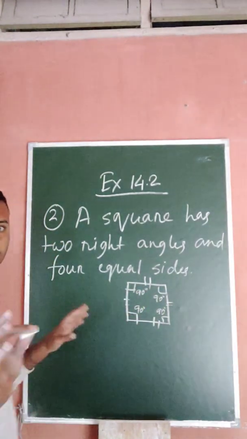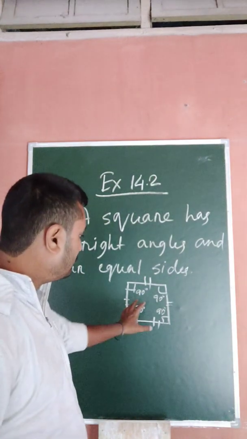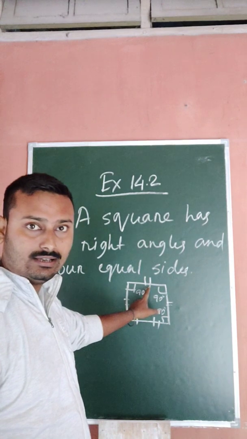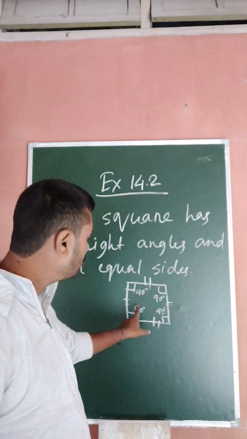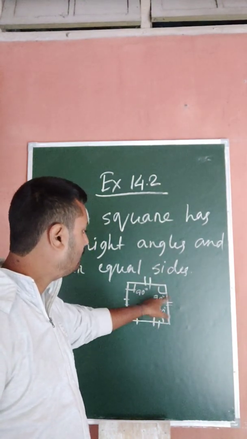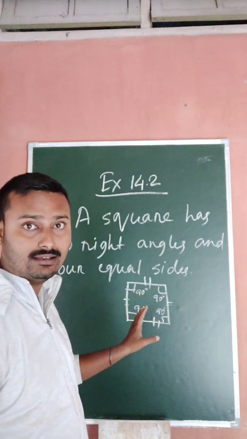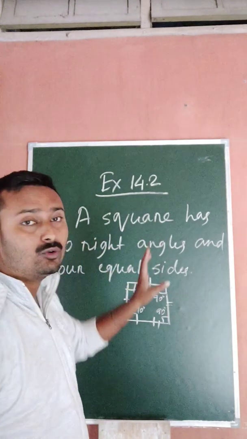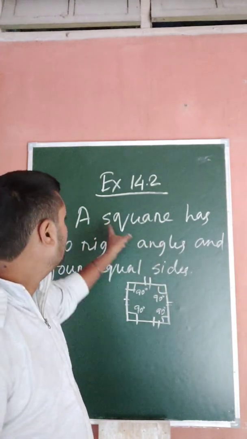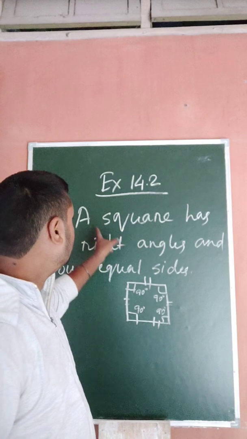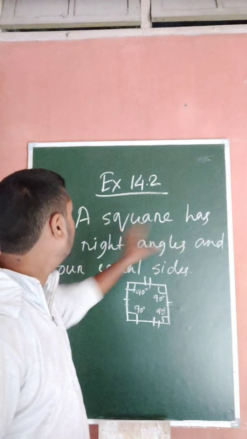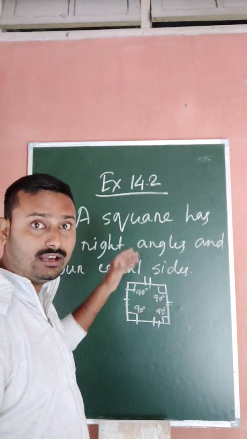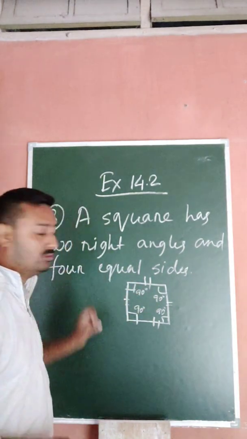So listen very carefully to this line. A square has four equal angles and four equal sides. Someone says a square has two right angles and four equal sides. That will be correct. Why? Because they are not saying that there are only two right angles. If the sentence is a square has only two right angles and four equal sides, that will be wrong, because only means they are talking about only two.